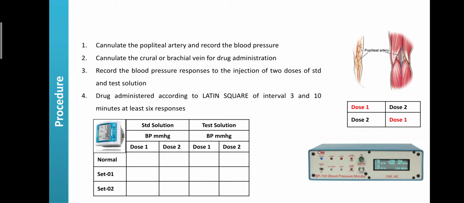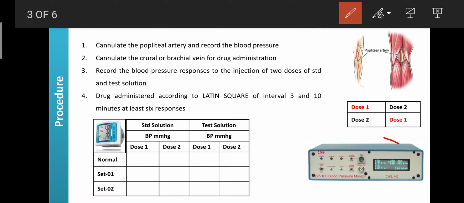Then you cannulate it. There is a special type of cannula, which is connected to the transducer. The transducer is connected to this instrument, the blood pressure monitor for animals.